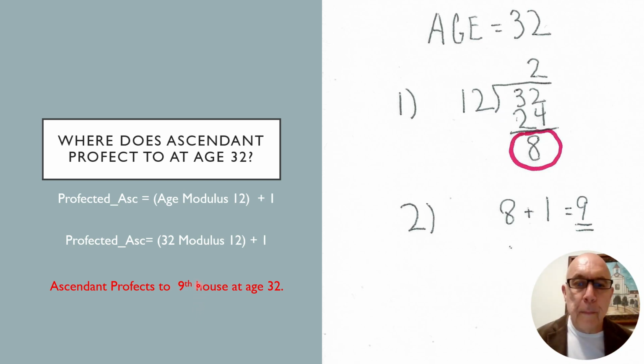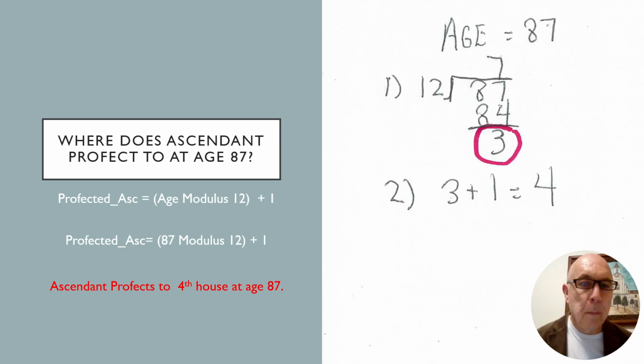All right. Let's go and look at another example. Where does the ascendant perfect to at age 87? Well, you see here now you have an age, someone who is 87, and you won't find this age on that chart.